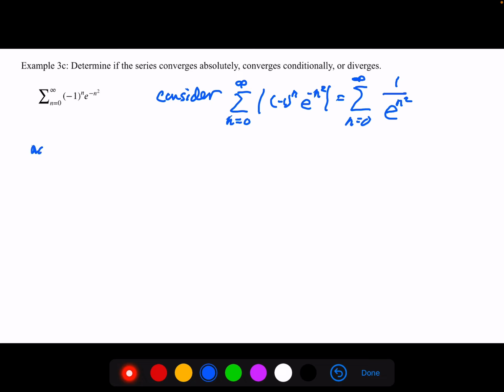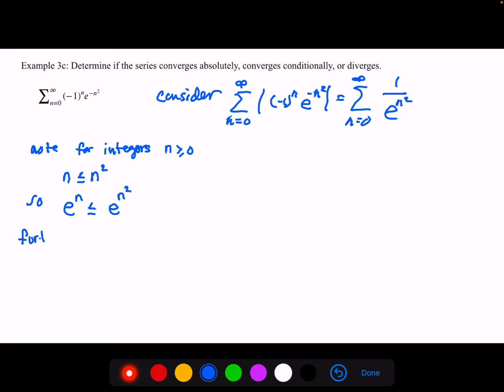Notice, for integers n greater than or equal to 0, n is less than or equal to n squared. So, e^n will be less than or equal to e^(n^2).